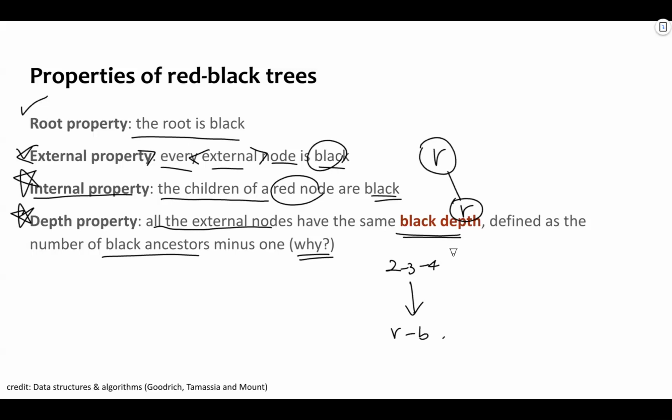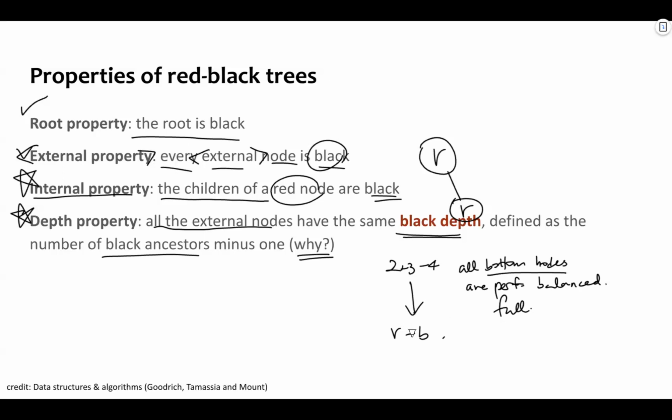And one of the most important properties of 2, 3, 4 trees was that all bottom nodes are perfectly balanced, or full.